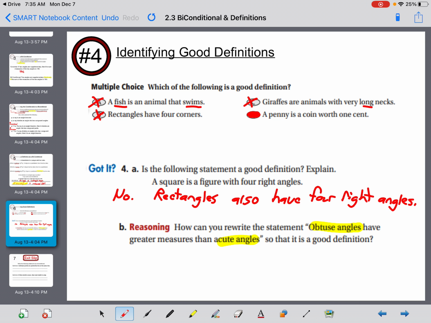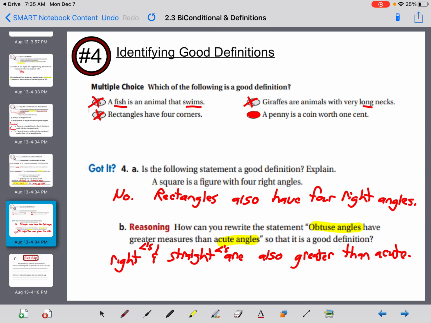Well, you know that right angles and straight angles are also greater than acute.